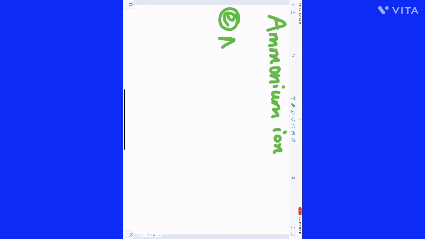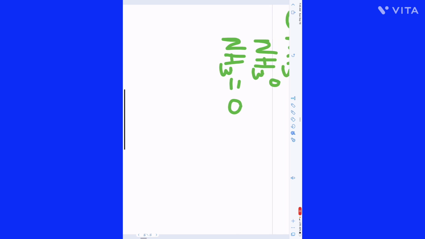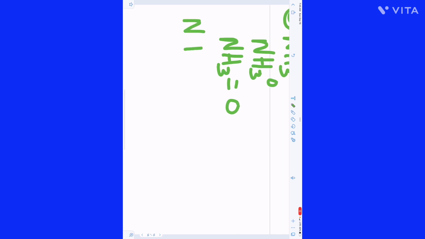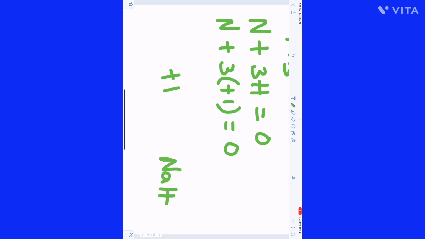That was the ions or radicals. Now ammonia, NH3. There's no charge on the molecule, so the charge of NH3 is what? 0. Now, 0 means that if you put the charge of nitrogen together with the charge of 3 hydrogens, you get a total of 0. Nitrogen, we don't know its charge. Hydrogen, we know its charge. So hydrogen is always +1, except in metallic hydrides like NaH, KH, and so on.